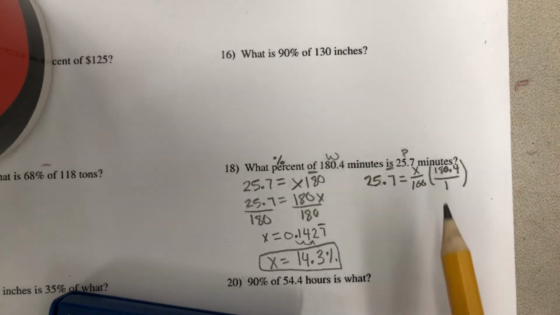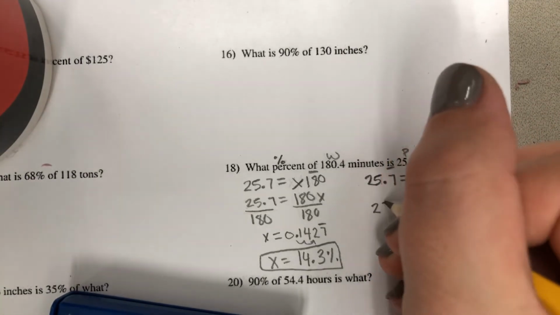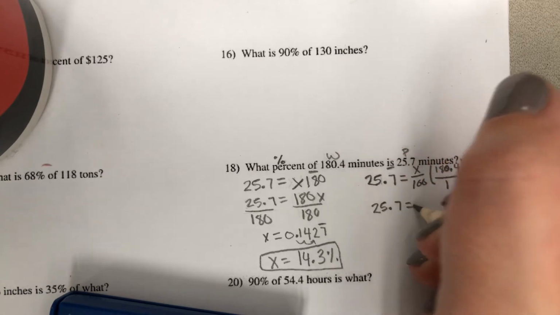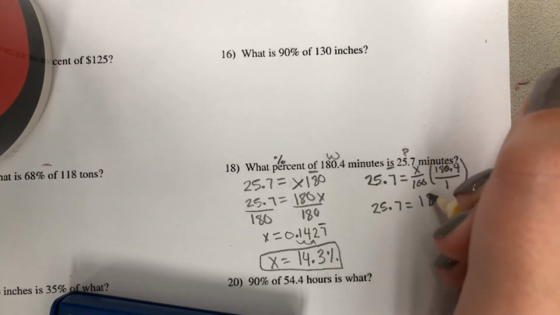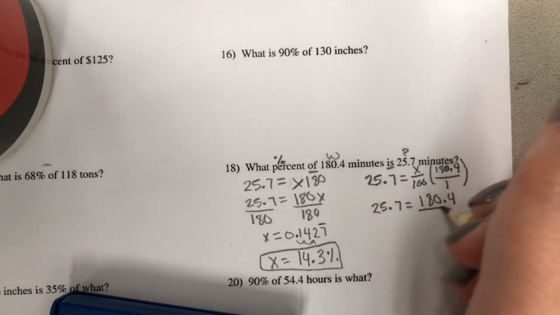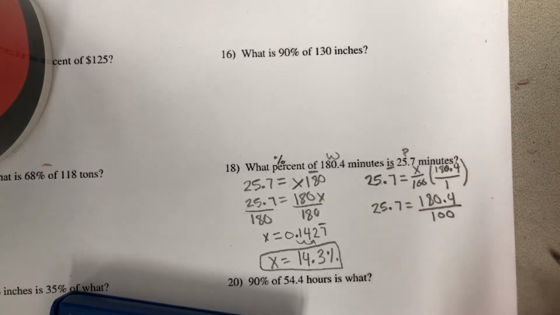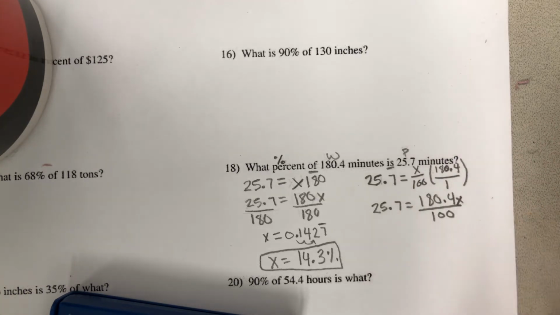Okay. We can multiply straight across. So that gives us 25.7 is equal to 180.4 times x, and then 100 times 1 is 100. 180.4x. There we go.